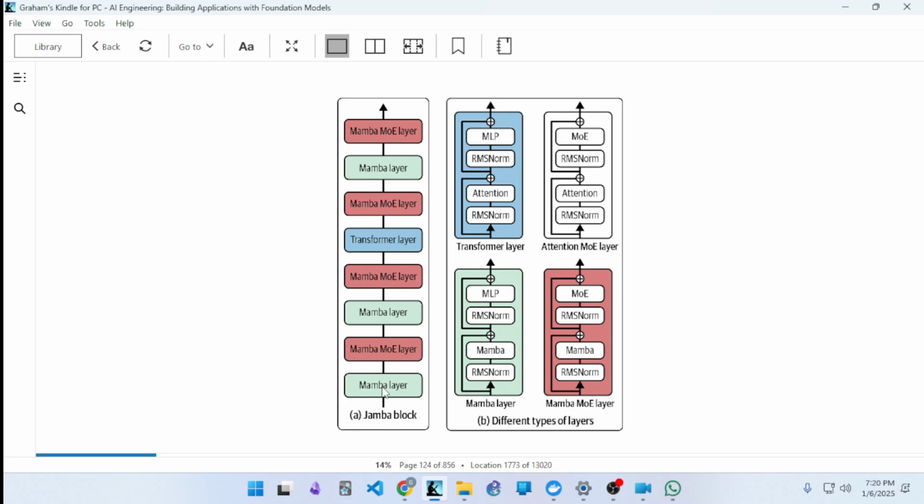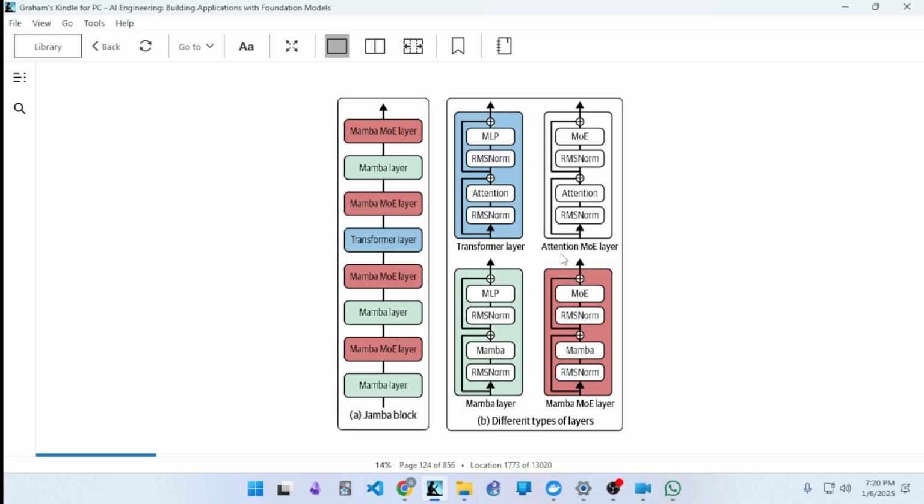Here's a Jamba block. This is structure A, and then this is structure B. So the Jamba block has a Mamba layer, Mamba MoE layer, Mamba layer, Mamba MoE layer, Transformer layer, Mamba MoE layer, Mamba layer, Mamba MoE layer. And then there are different types of layers.